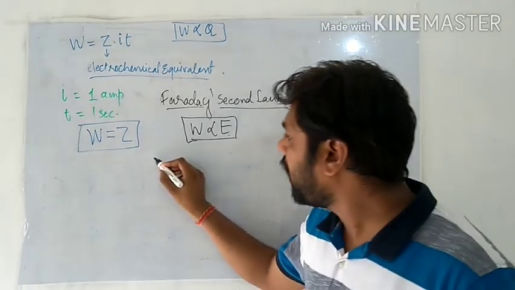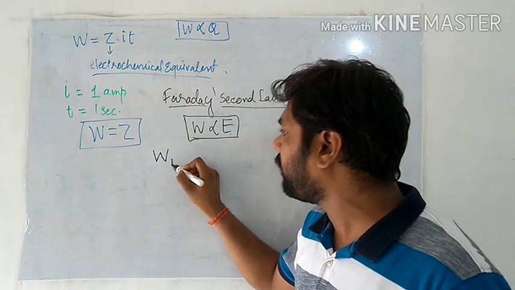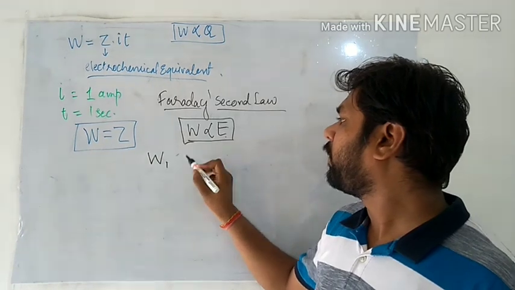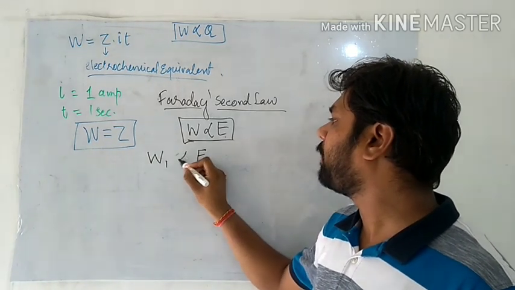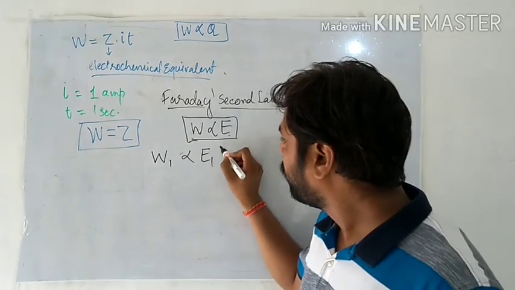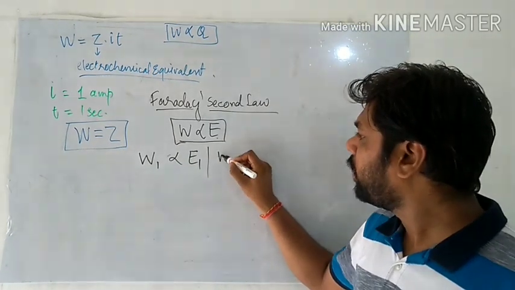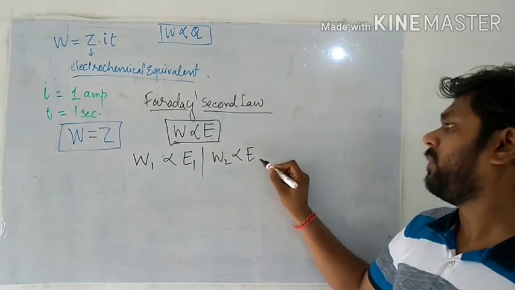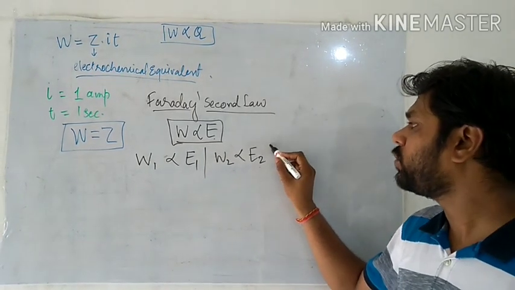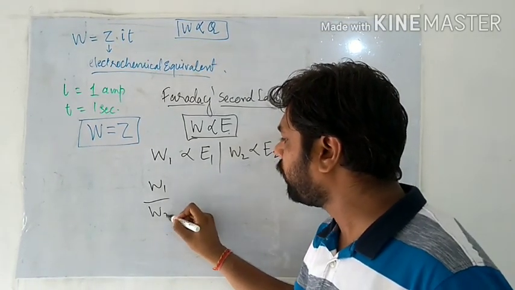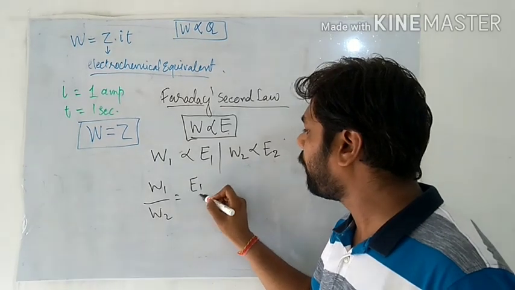So if W1 mass is deposited, it will be directly proportional to E1, and we have another electrode in which W2 mass is deposited, that will be proportional to E2. So we can have W1 upon W2 is equal to E1 upon E2.